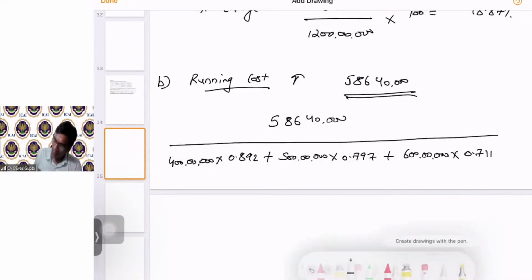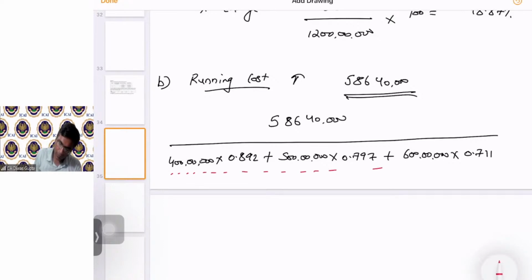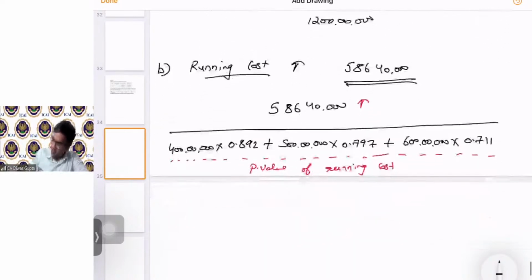So if you see, this denominator actually is the present value of the running cost. So whatever it comes out, that has to be increased by 5 crore 86 lakh 40,000 to make NPV zero, correct? So this comes as 49.61%.